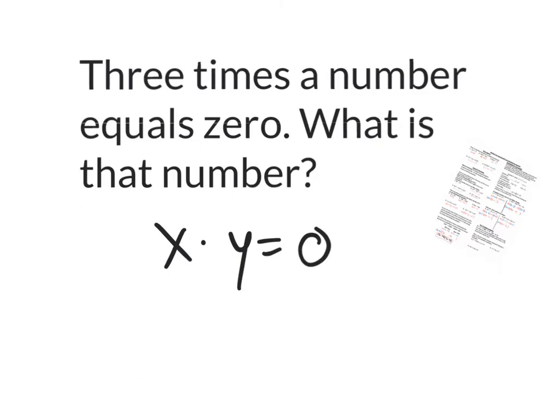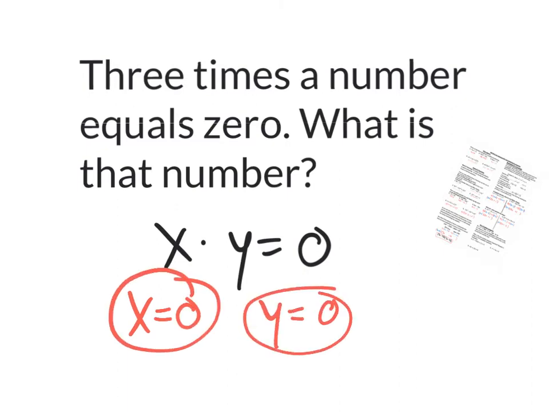Now, if you do have a number times another number and it equals 0, then this number could be 0, or the other number could be 0, or both could be 0, right? So when you solve an equation, you're trying to find the possible answers that'll make it a true statement. So what do we know about this? We know that x could be 0, and also y could be 0. So you get 2 answers right there.